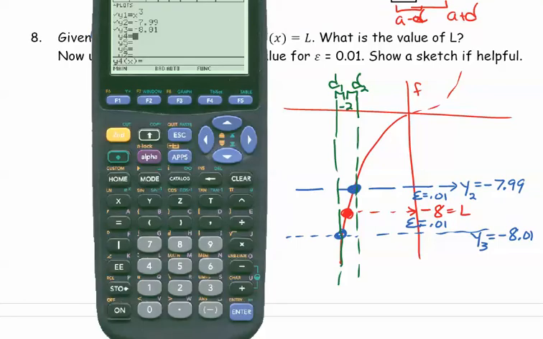So I've entered in my three functions, the x cube line, and then the two horizontal lines epsilon units away from -8 on either side. And now before I go graph, I should think about what window I want. So we already have a pretty good picture here. We know that our x is very close to -2, so I'm not sure exactly where I want to put that.